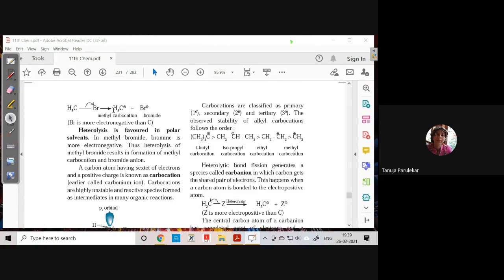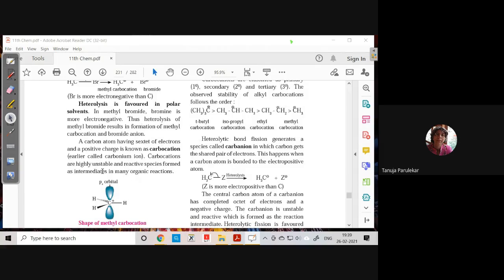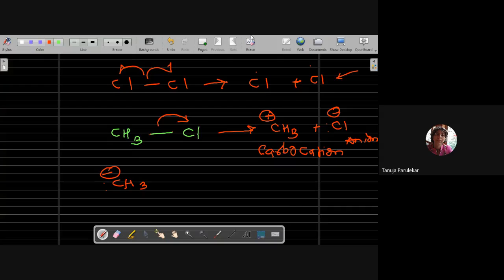But the moment bromine goes away, the carbocations are highly unstable and reactive species as intermediates, and they have a sextet of electrons, that is, only 6 electrons and a positive charge. How is it possible? Why do they have only 6 electrons?